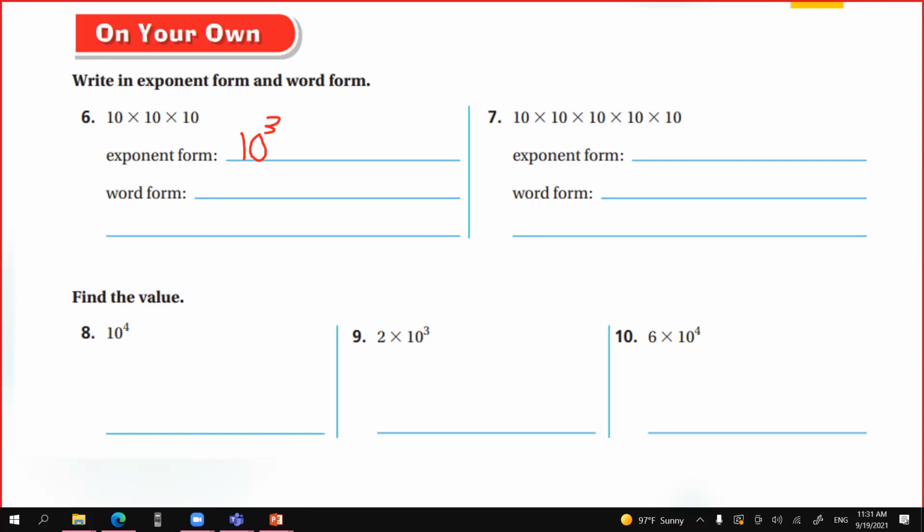Bravo, 10 to the power of 3. Now, how can you write it in word form? The third power of 10. Bravo. Thank you.